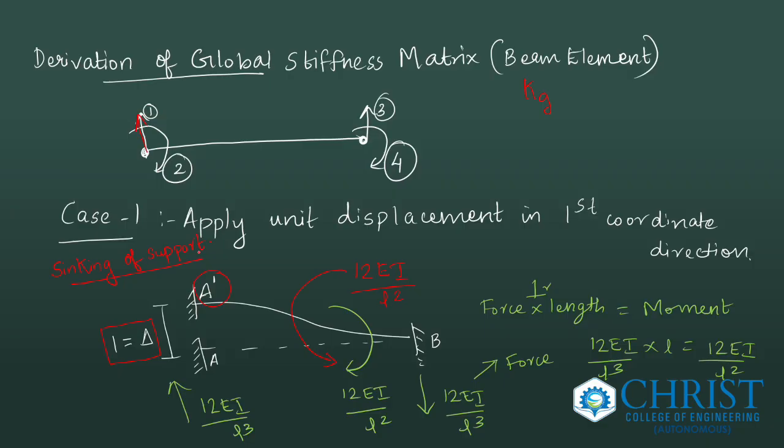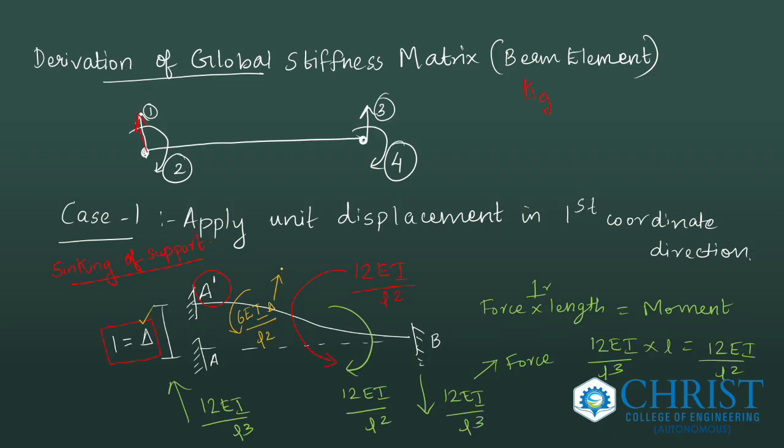So in order to overcome this sinking, the structure itself will try to come back to its original position by inducing a moment inside it. That moment value is given by the formula 6EI delta by L square, where delta is equal to the displacement.